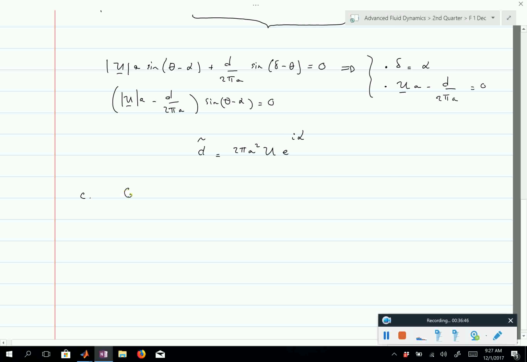Corner flows are flows where you only need to focus on the corner, because what is happening at infinity is not very physical, okay?